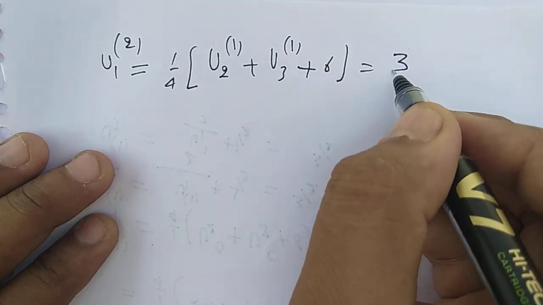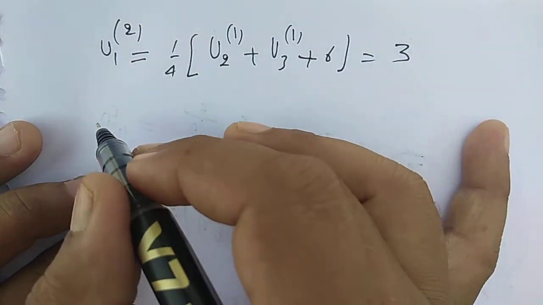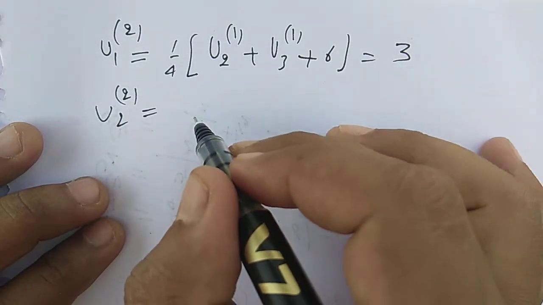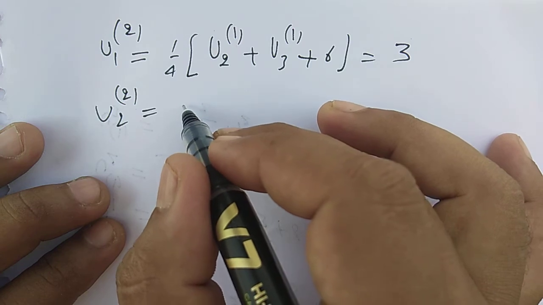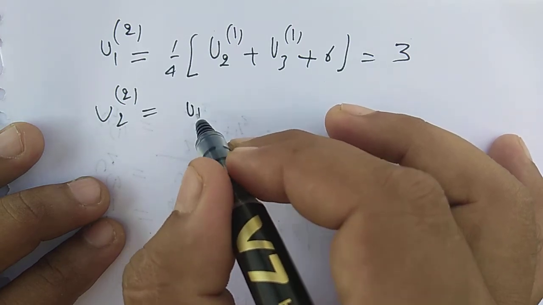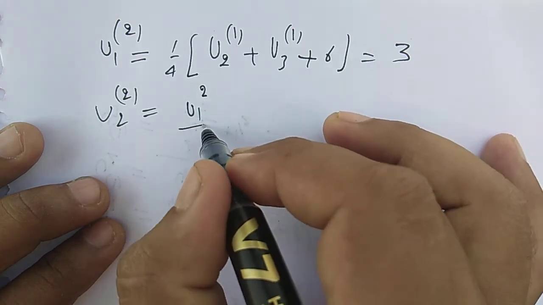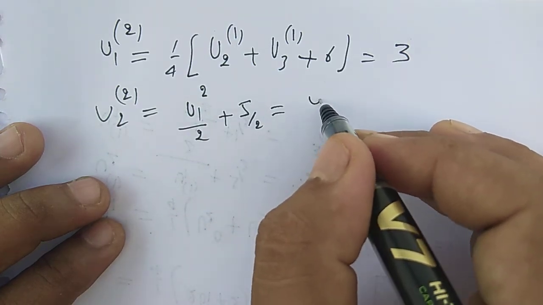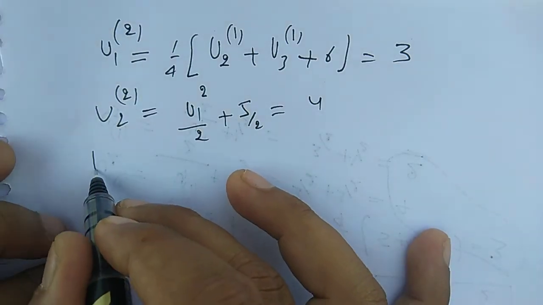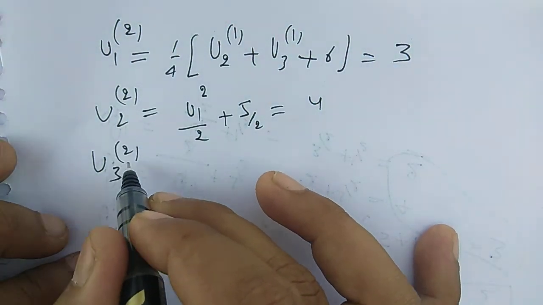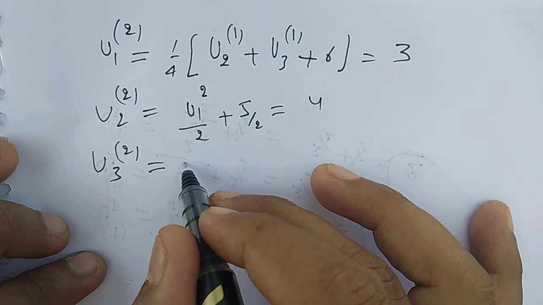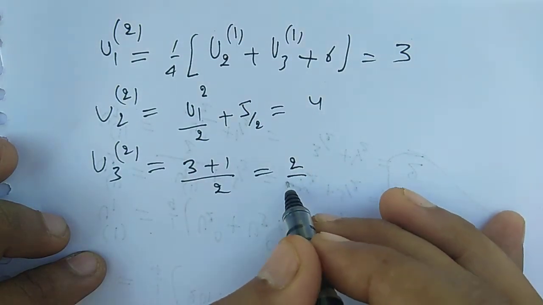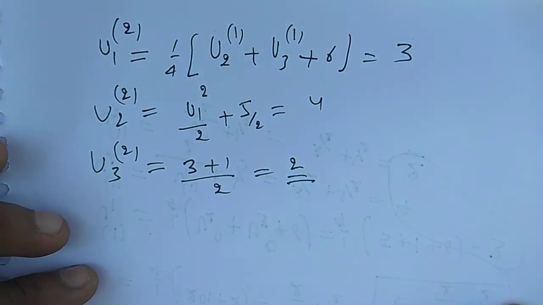So we get 3, and u22, the value of u2 for the second iteration, we get u12 by 2 plus 5 by 2. So we get 4, and u32 equal to 3 plus 1 by 2. So we get 2. So these are the values for the second iteration.